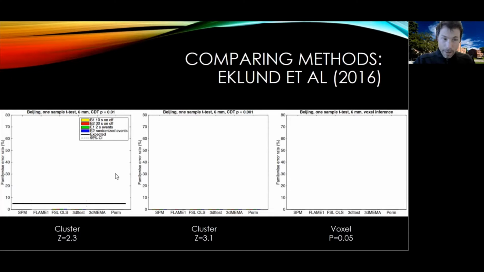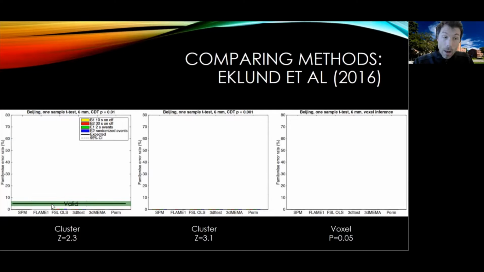Now, the important thing to know is that this is your 5% error rate. This is what you expect an analysis to have, just about 5%. And so any analysis that is somewhere inside this bar, it means that it's within the 95% confidence interval for 5% family-wise error rate. So that would mean that your analysis is valid.